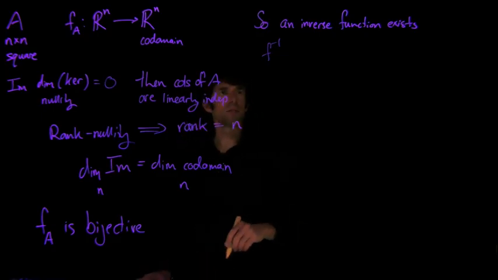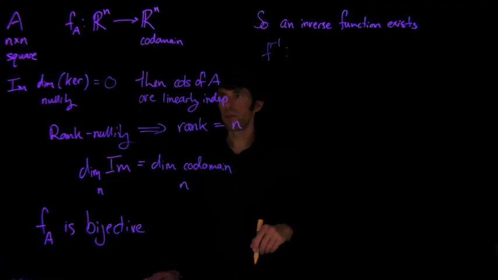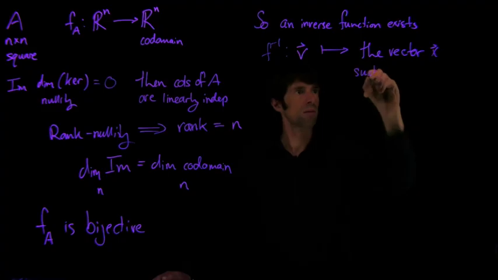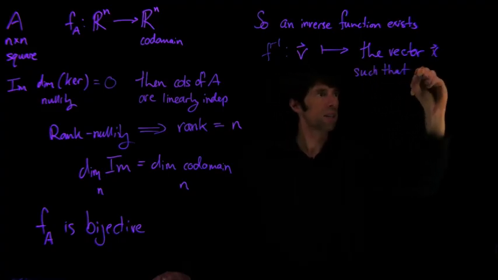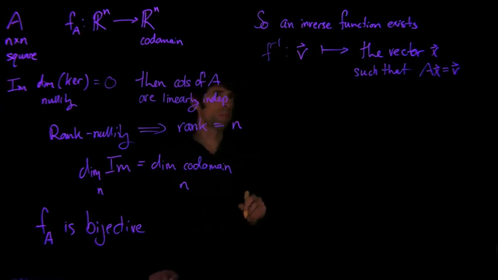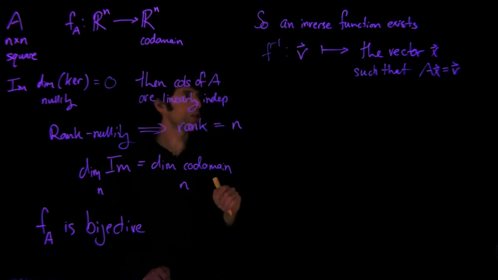And this is the function which sends a vector v to the vector x such that Ax is equal to v. So f inverse takes a right-hand side vector v, and it gives us as output the solution to this equation.